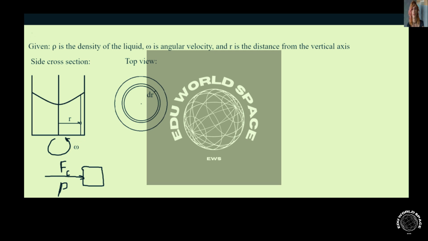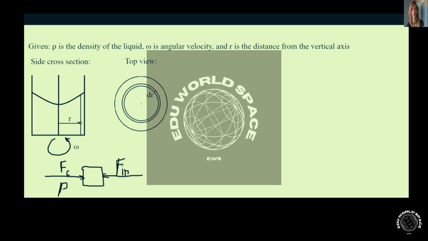Now what we also know is that on the right side there's going to be another force pushing inwards, so we'll call that F in.